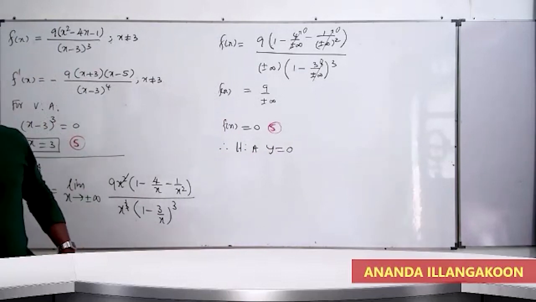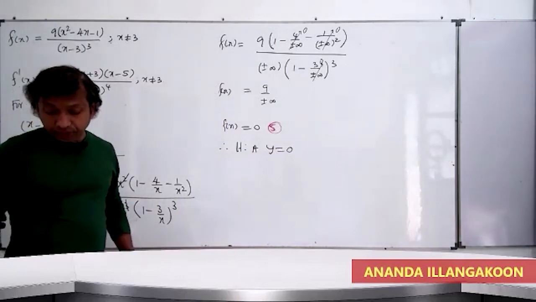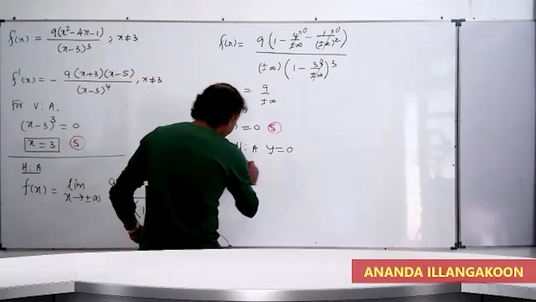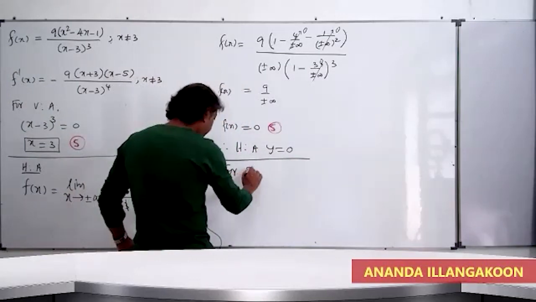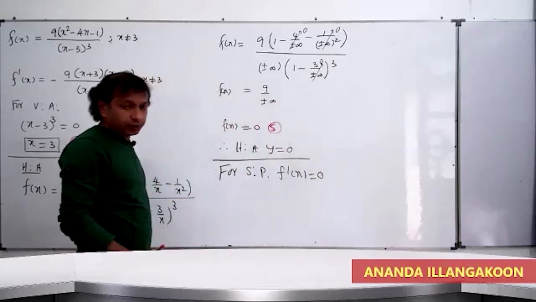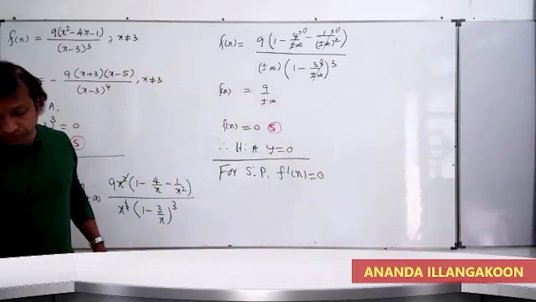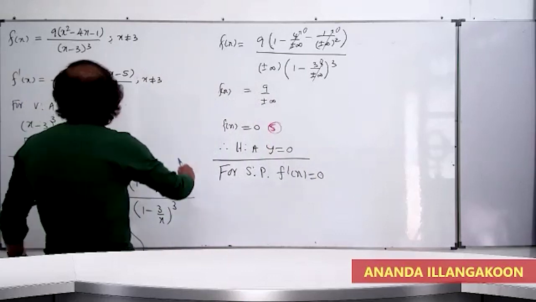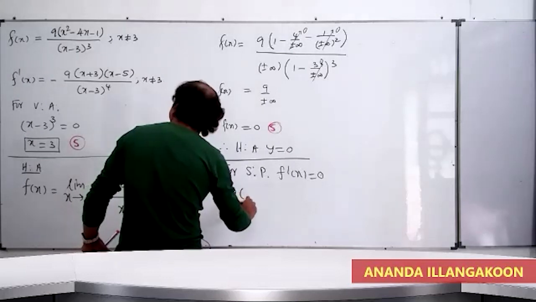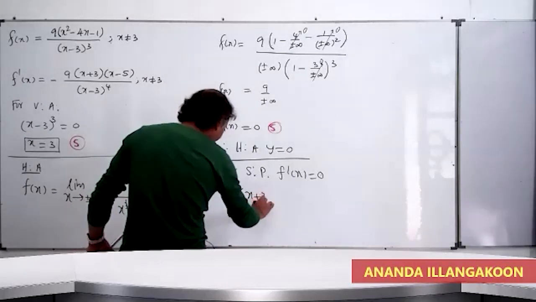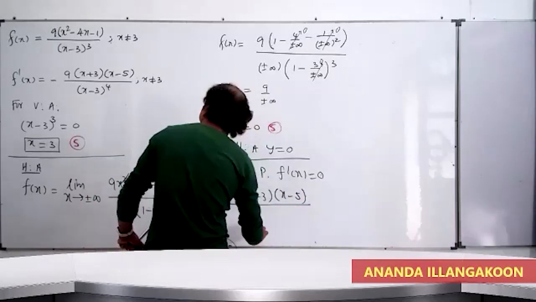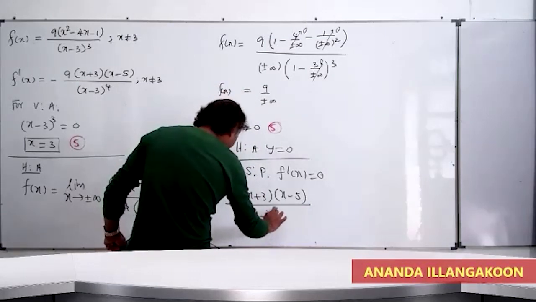Next, we have to find the stationary points. For stationary points, f dash x equals 0. This is minus 9 times (x plus 3)(x minus 5) upon (x minus 3) to the power 4, which should be 0.